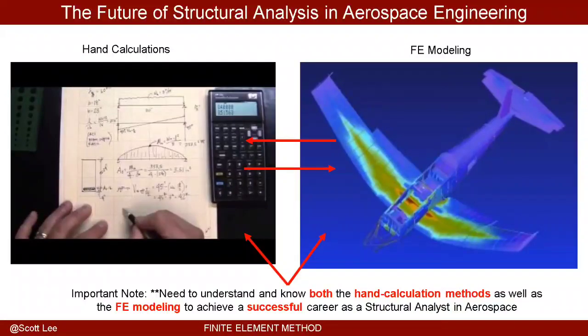But a newer person that doesn't have a good foundation in the hand calc methods may not catch those mistakes, and then they may publish results that are totally erroneous, and the results just become basically useless. So that is the main reason for this slide. It's important to know both. Don't go all into finite element modeling applications without really understanding the theory.